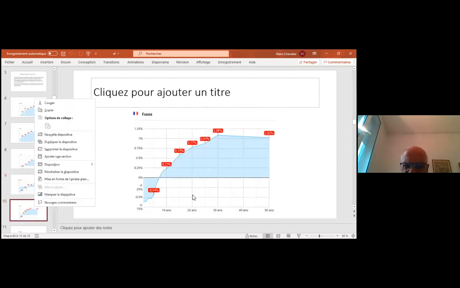And this is France. France is very connected to Germany. We have the same central bank, we have the same monetary unit, the euro, and the global shape is similar, but with differences. We have negative interest rates only below 7 years. And after that, it goes up quite quickly, up to 30 years.